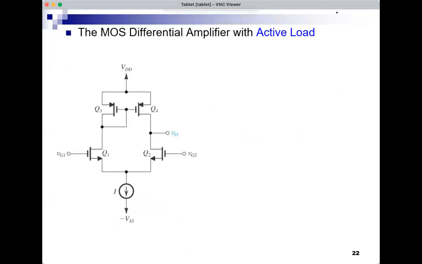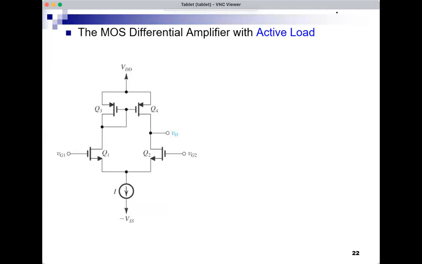Now we will consider a MOSFET differential amplifier. We will also show the BJT version of this, but this is a special kind of differential amplifier. We call it differential amplifier with active load. We can have a differential amplifier with P MOSFETs as loads.